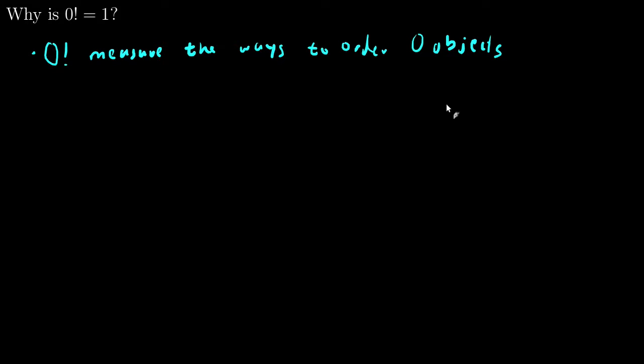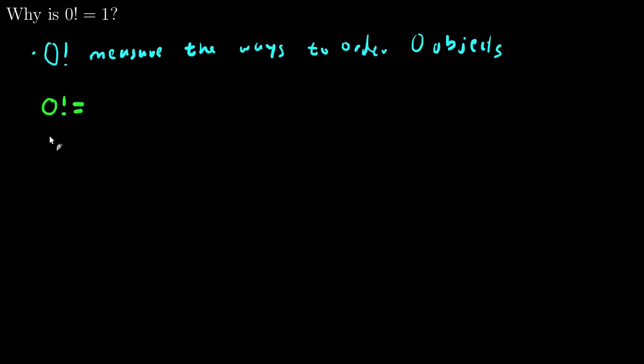Now, if you don't like that, this is what usually makes the most sense to my students: we just start talking about a pattern that makes sense. So, I want to know what 0 factorial is. And we aren't sure yet. Okay, I told you it's 1, but don't believe me.